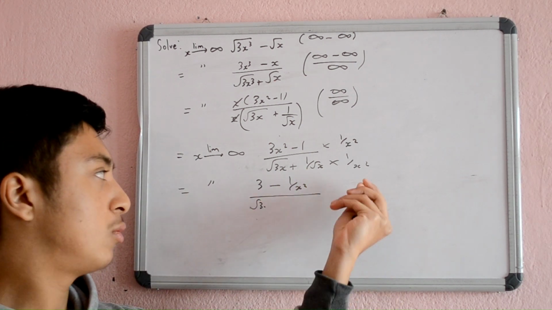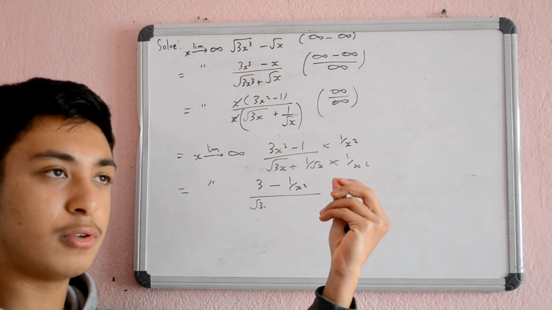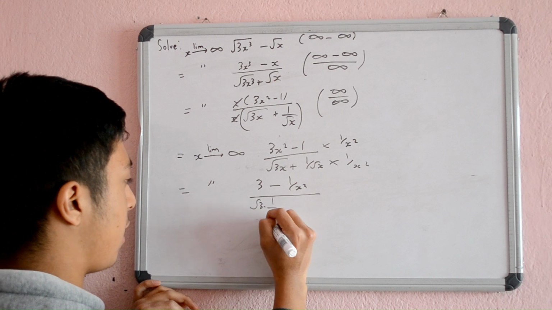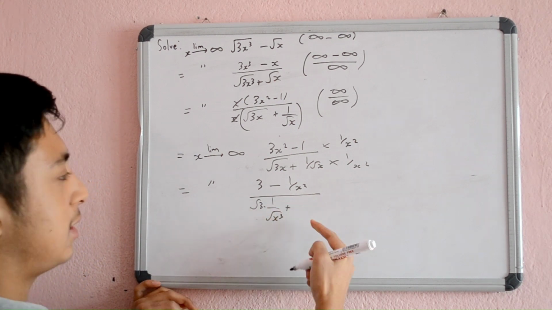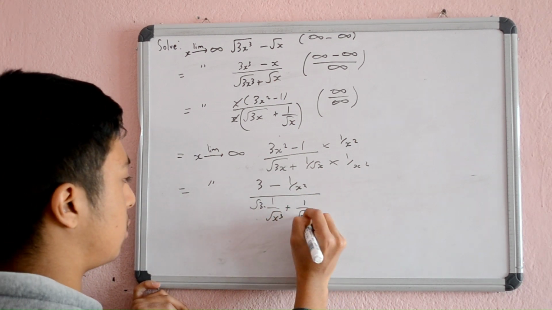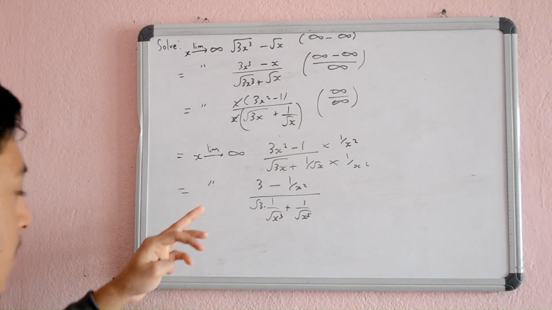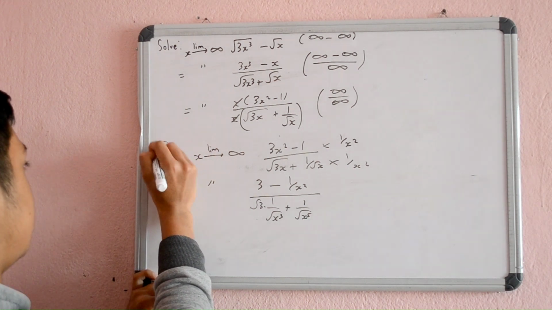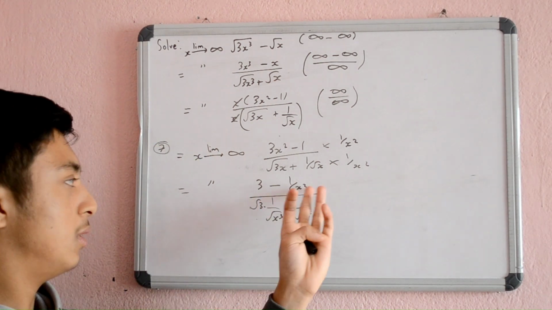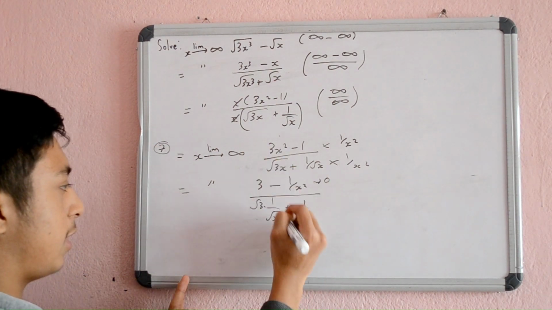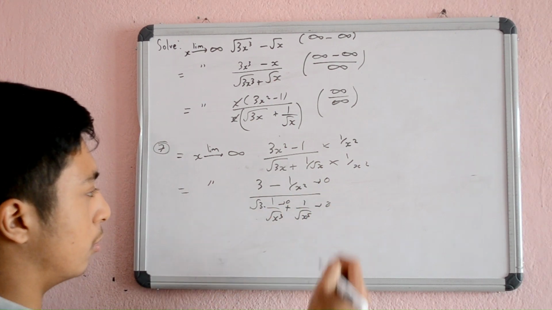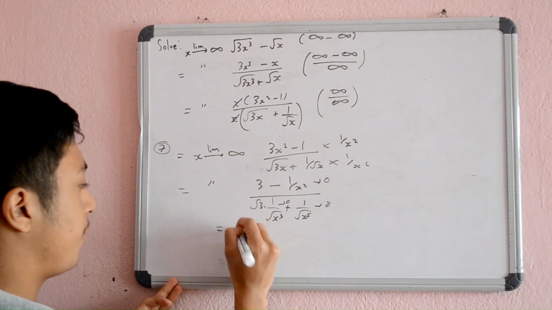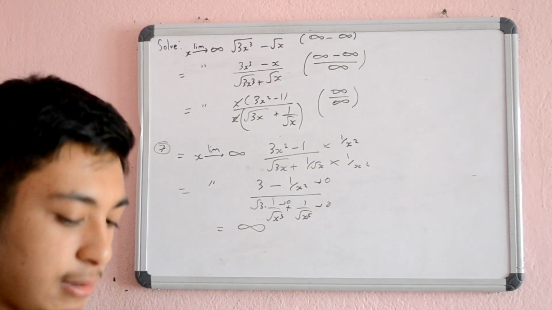Well, x squared is just root x to the power 4, so 1 by root x cube plus 1 by root x to the power 5. Now put the limit in. Seventh process. Now this part is 0, this part is 0, this part is 0. 3 minus 0 by 0 plus 0, 3 by 0, infinity.